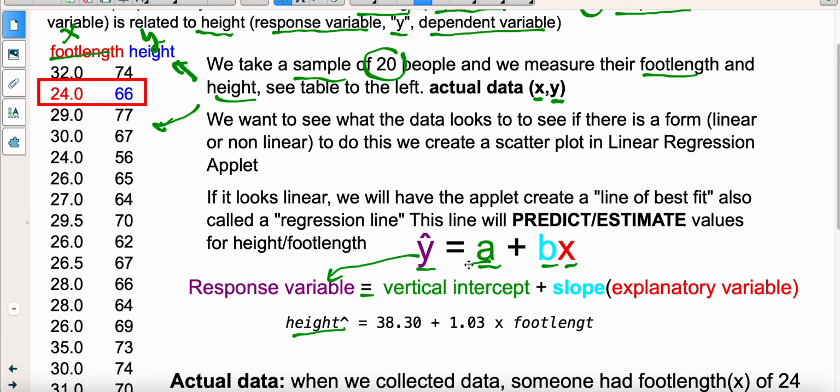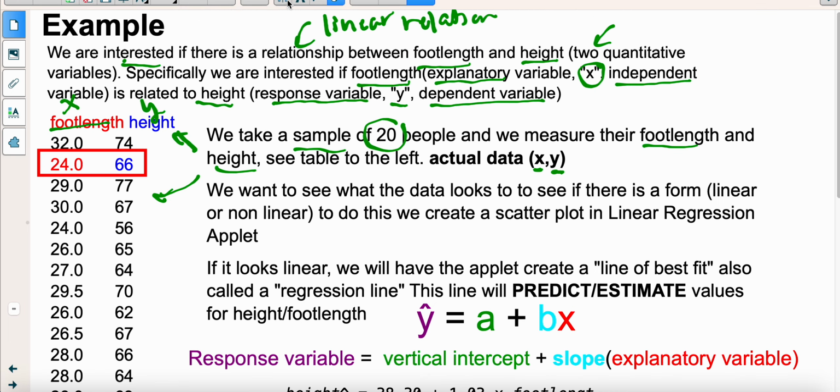A is our vertical intercept. In this case, it would be 38.3. B is our slope. That would be 1.03. And x is our explanatory variable, or our foot length. That's all it's doing. It's coming up with a linear equation, or our regression equation, to predict a y value when we put in an x value.